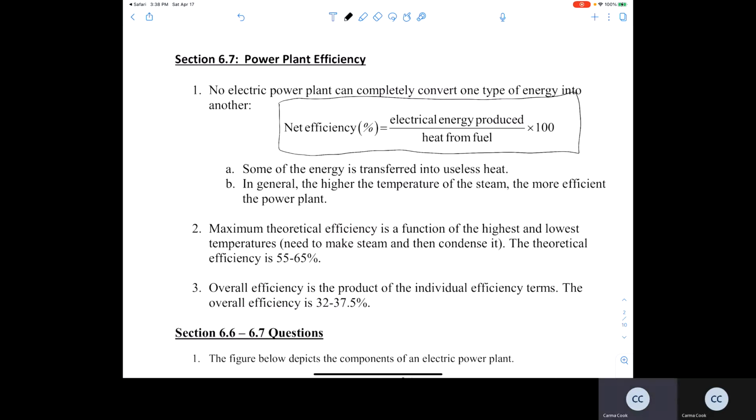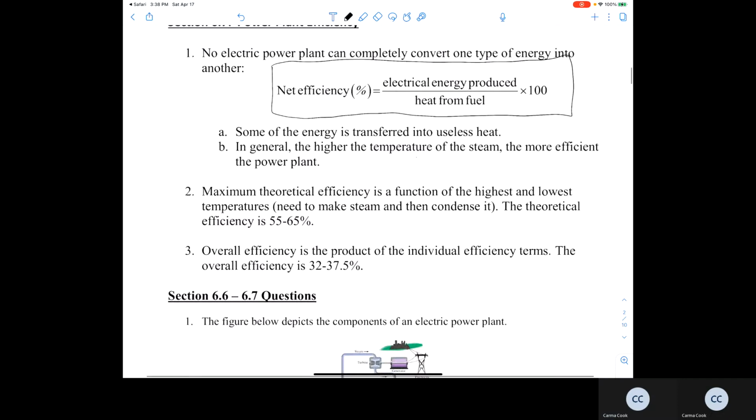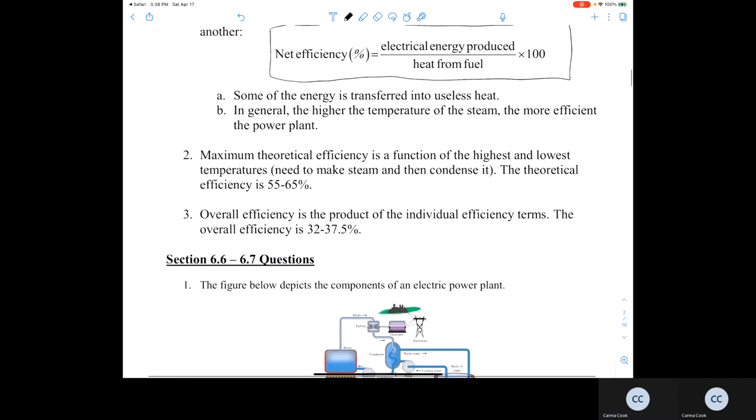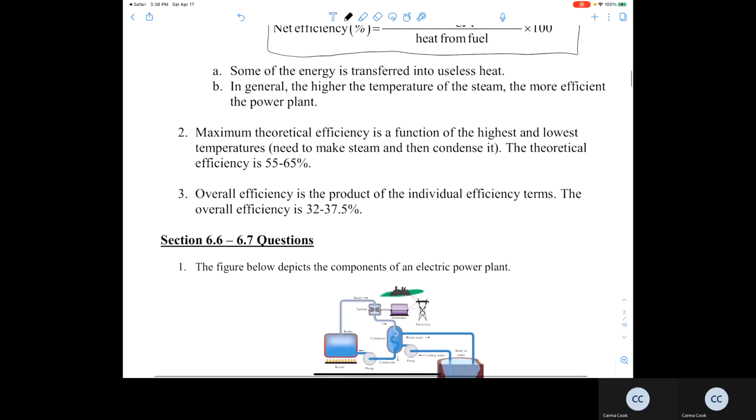So taking a look at some questions. Most power plants are about 32 to 37.5% overall efficiency. The maximum theoretical efficiency, being a function of the highest and lowest temperatures needed to make steam and then condense it, is 55 to 65%. But the actual overall efficiency is only about 32 to 37.5%.